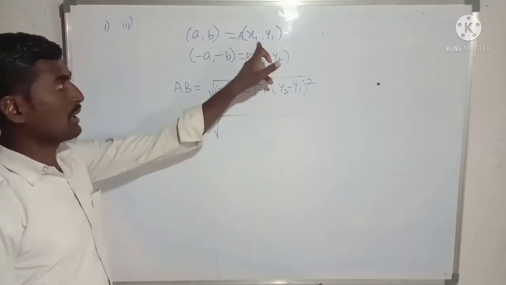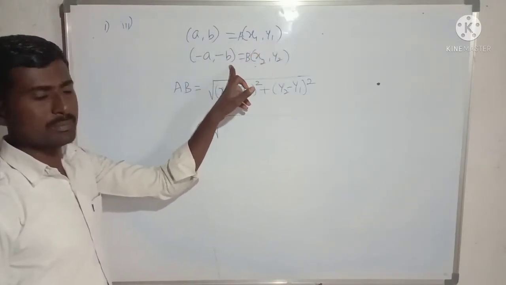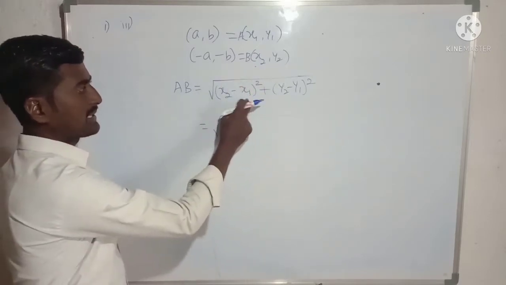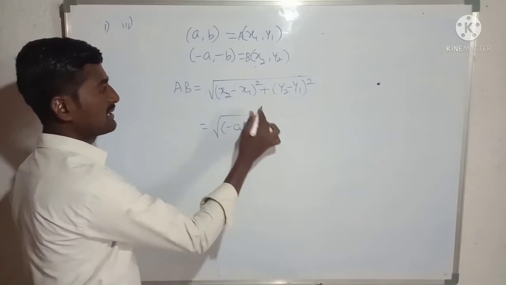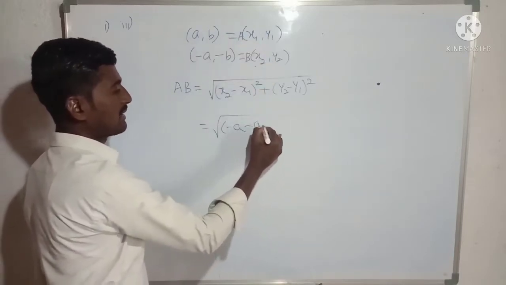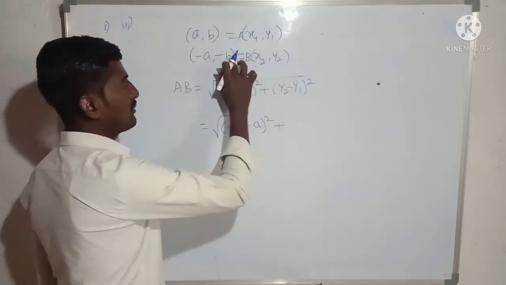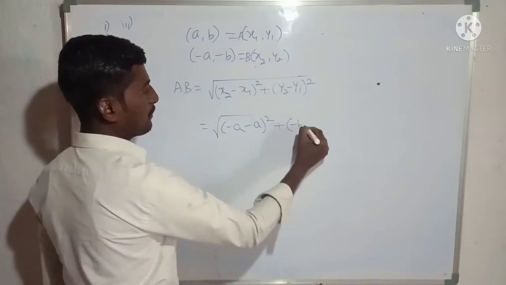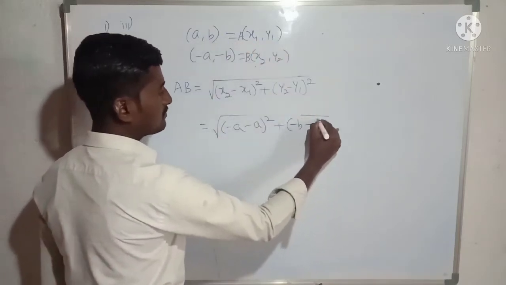Now here x1 y1 is a comma b, x2 y2 is minus a comma minus b. Now x2 minus x1 whole square: x2 value is here minus a, minus x1 value is here a, whole square, plus y2 value is here minus b, minus y1 value is here plus b, whole square.